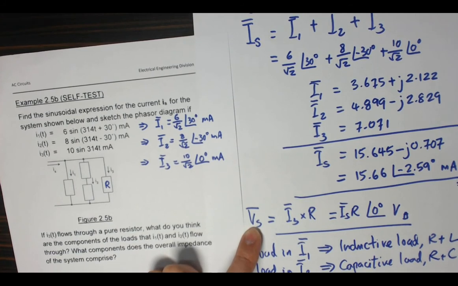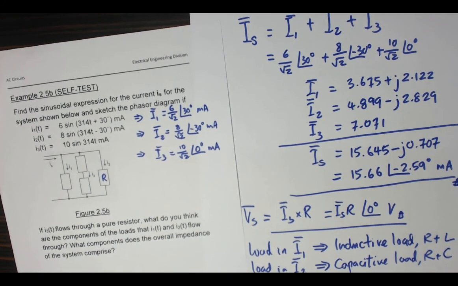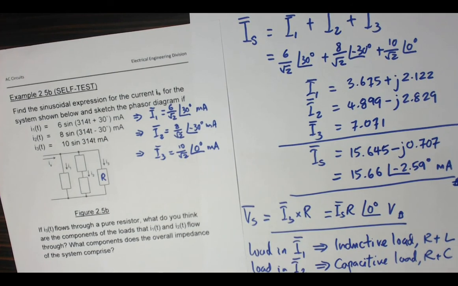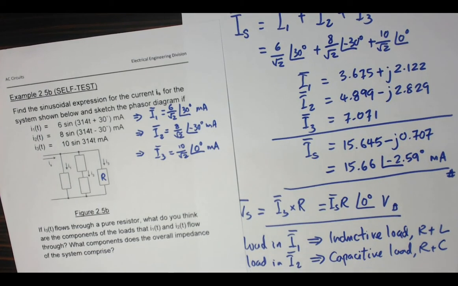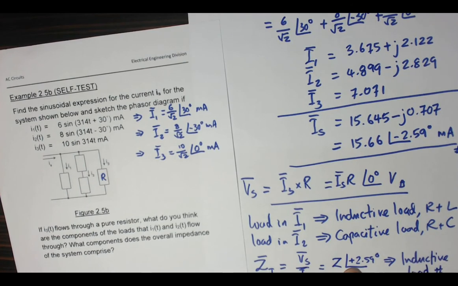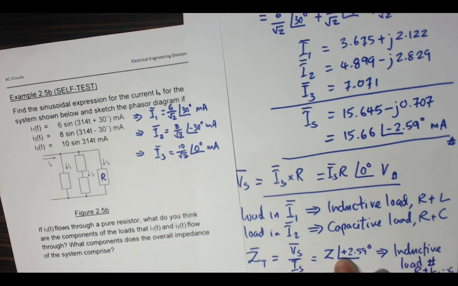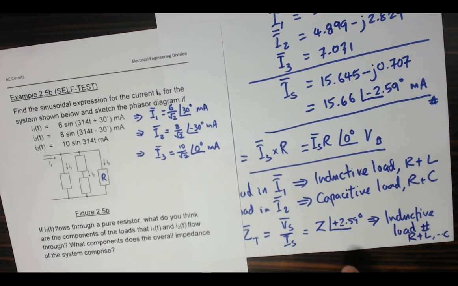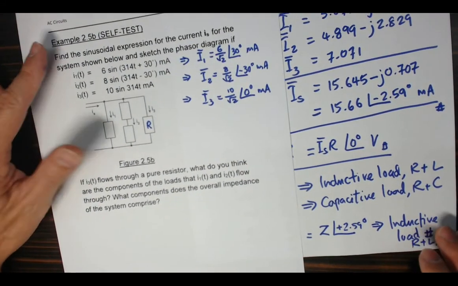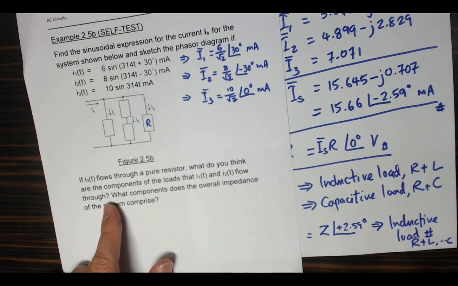That means the voltage leads the current by 2.59. So overall it is an inductive circuit, inductive load. That means more of R plus L with a smaller C. So that's how I would interpret this part of the question.